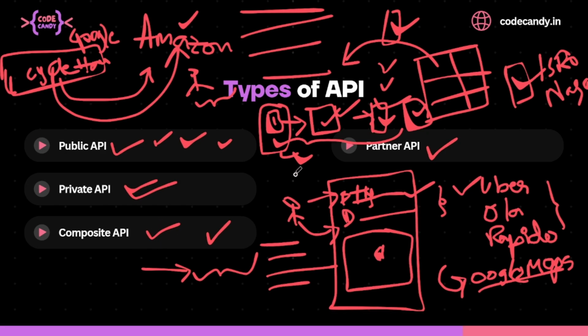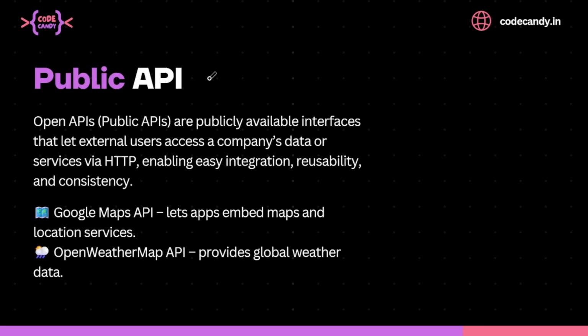This is just an overview of each API, but in depth we will discuss each API. This is the public API. The name itself is telling that this API can be used by anybody. It is also called an open API. These are publicly available interfaces that let external users access company data or services via HTTP, with easy integration, reusability and consistency.